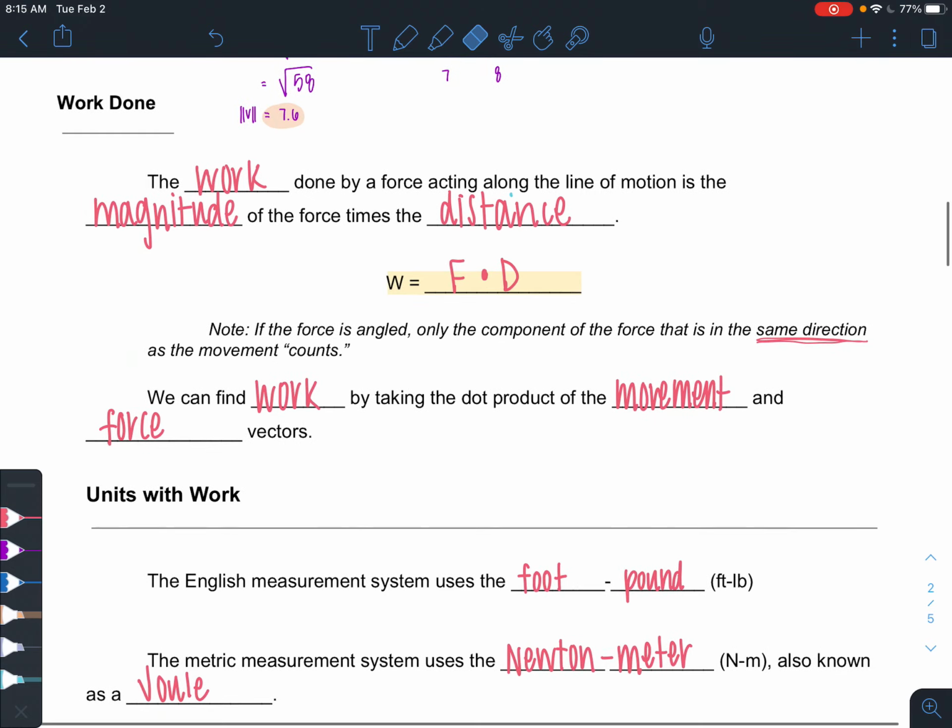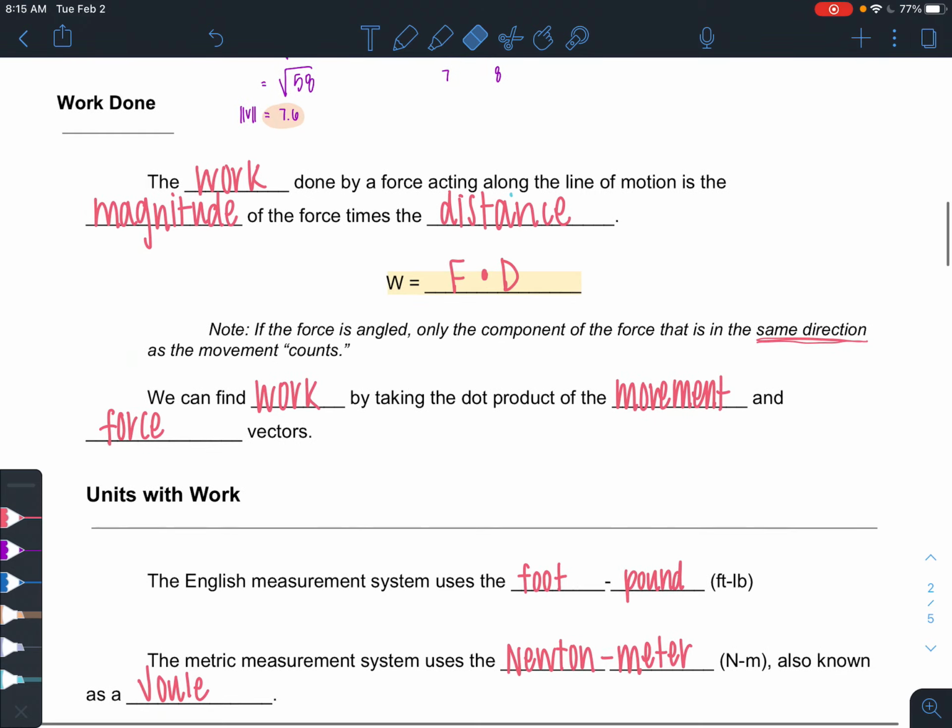So this is 0, 0, and if we look at this as an axis, it's going to 0, 10. Because of that, the movement vector is written as 0, 10.